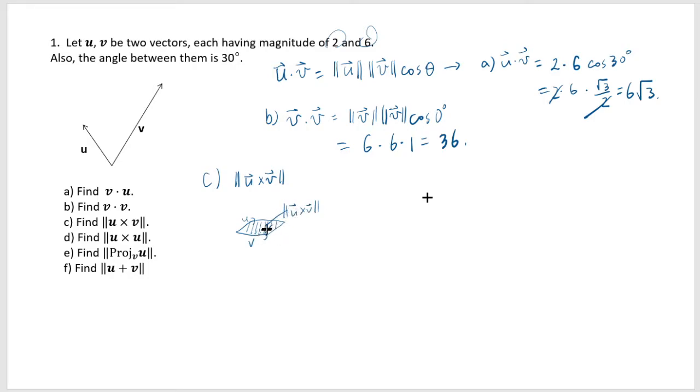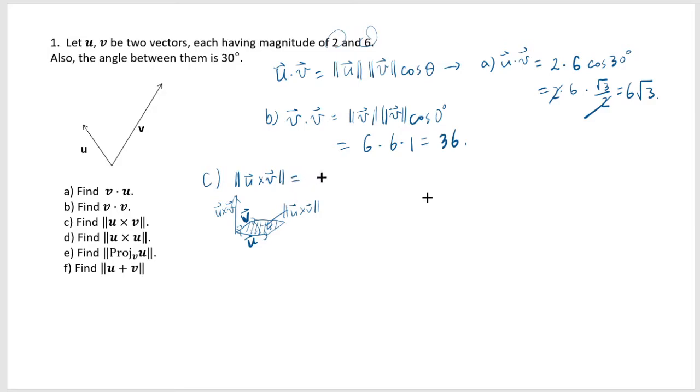The norm of u cross v is this, and the direction is perpendicular to both. Actually, this looks more like u and v here. So let me write it like this. So by the right hand rule, the u cross v would be pointing upwards in this case. It has to be perpendicular to both.